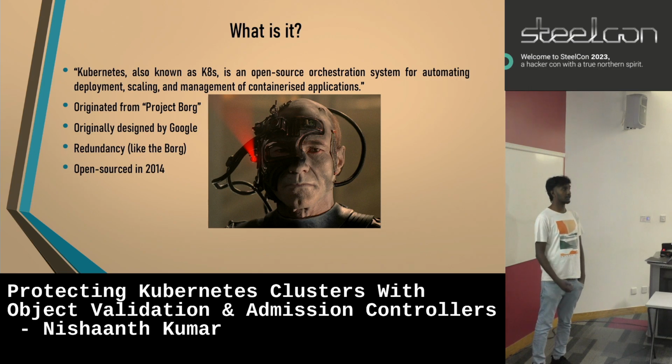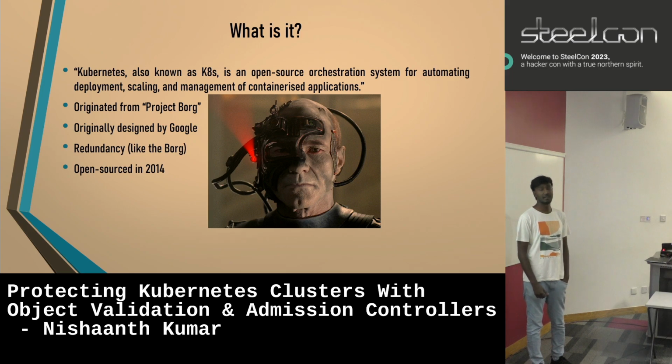Kubernetes was open sourced a couple of years back, but Google had already been using it long before internally, and it had multiple iterations of the same tool. The last stable product is Kubernetes, which was released a couple of years back.